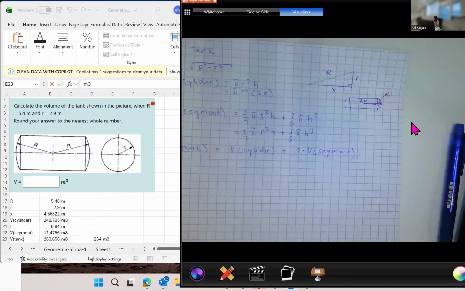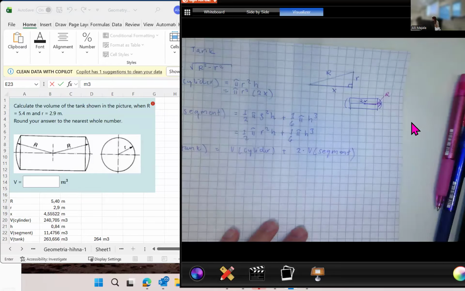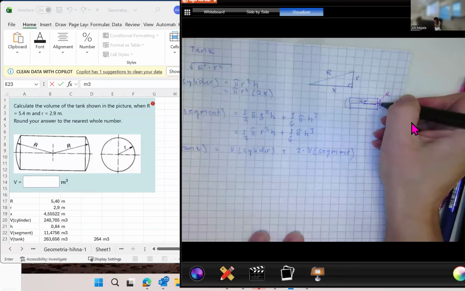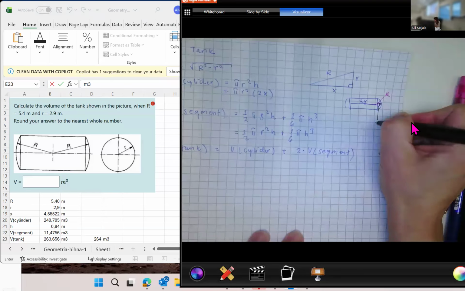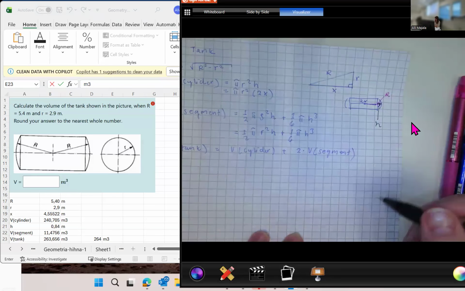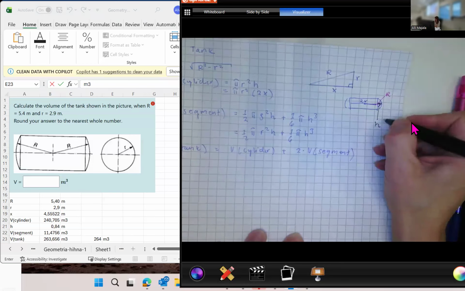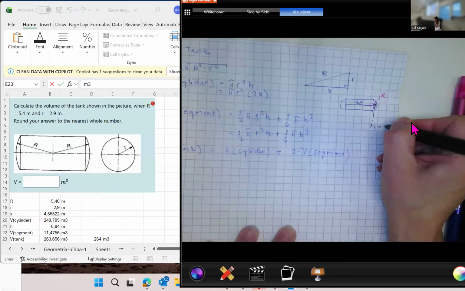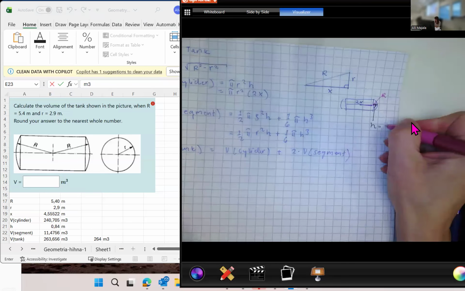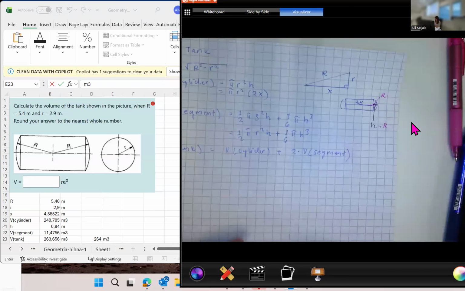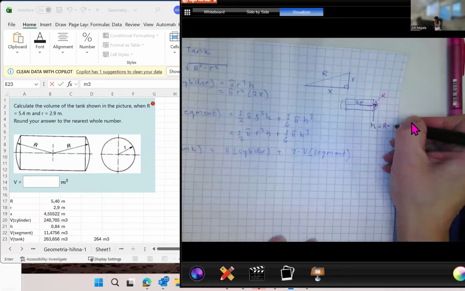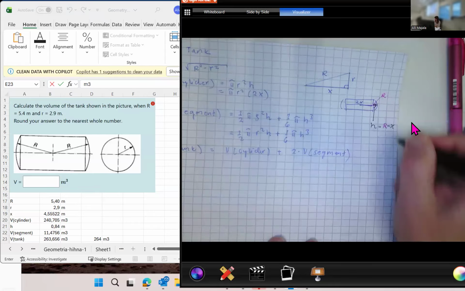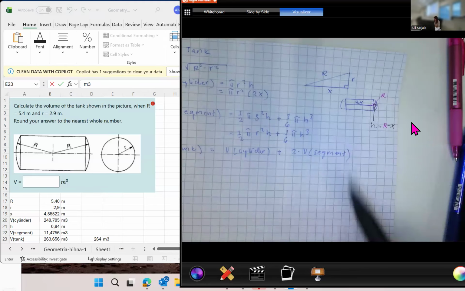Okay, so then this height there, now this is really small picture. This height there, then this height, yes. That would be then this R minus X, yeah. Because the X was here.